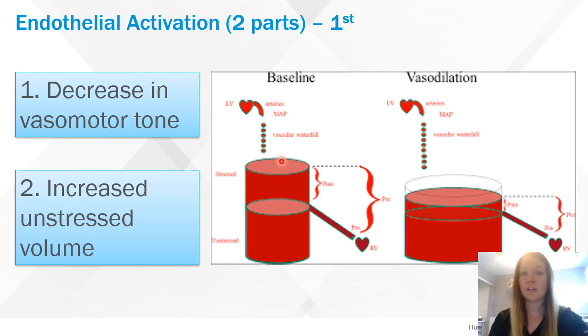However, when vasodilation occurs, which if you look at this picture over here, and you have a decrease in vasomotor tone. So essentially we have the same amount of blood, but it's in a different shape now. And this change now makes the unstressed volume larger, which means that we have less volume contributing to blood flow.